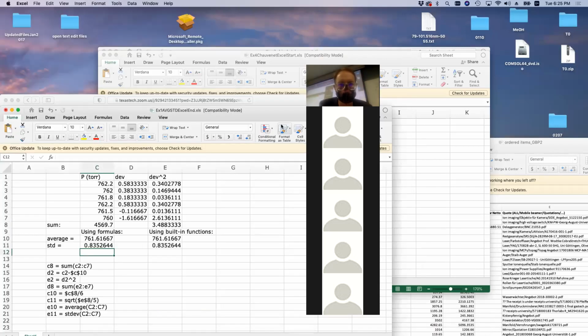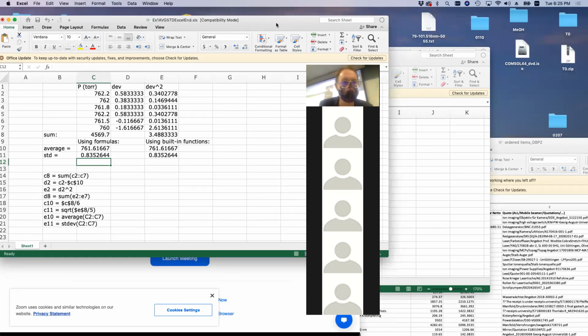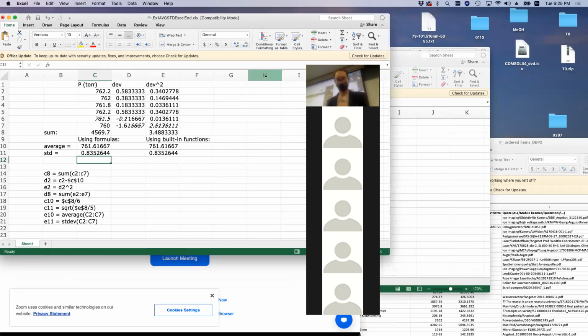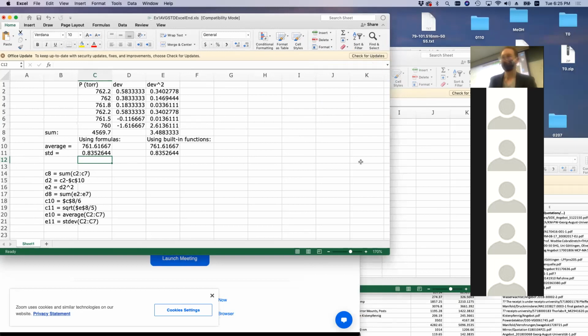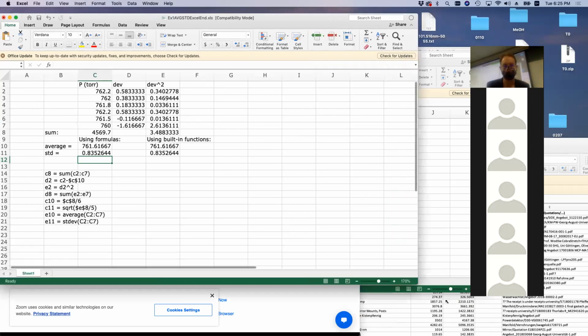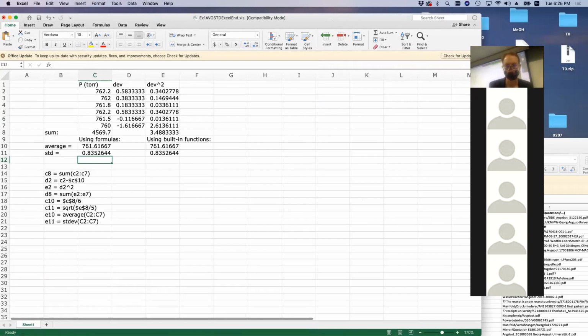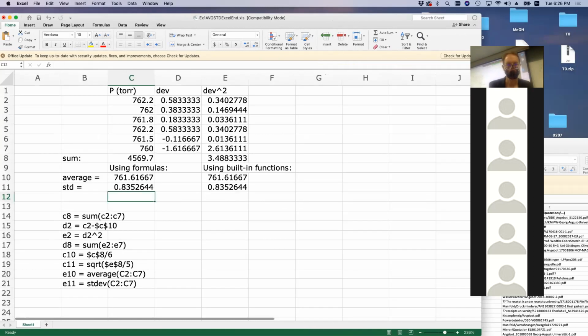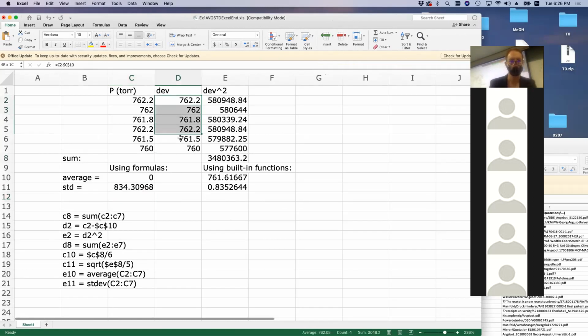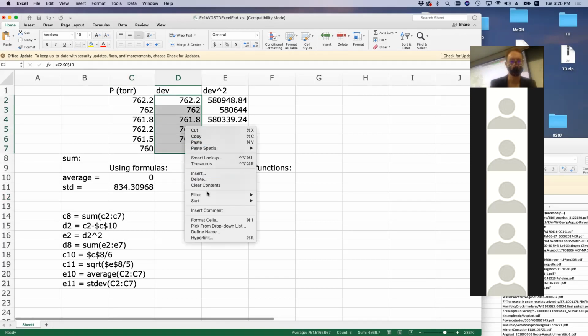Okay, so I think you should be able to see this spreadsheet now. Okay, is that big enough to see all the numbers? I'll make it a little bit bigger. Okay, I'll do some deleting before we get started.